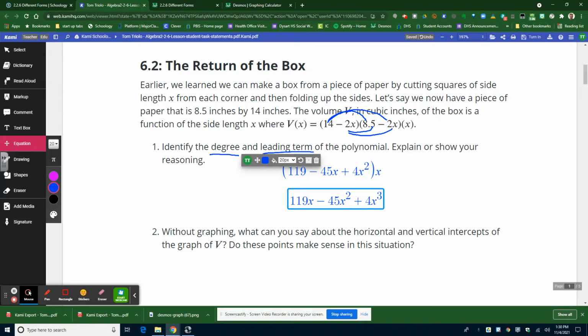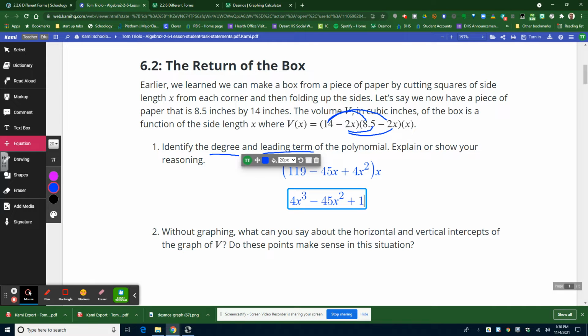So what I'm going to do here, to make things clear, is this in standard form? No. So I'm going to move it around, okay? So let's put the 4. You don't have to, because it doesn't say write in standard form, but I would recommend it because that prevents some of the errors. So 4x cubed would be my leading term.